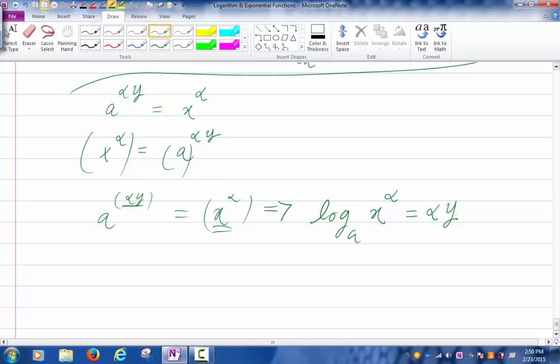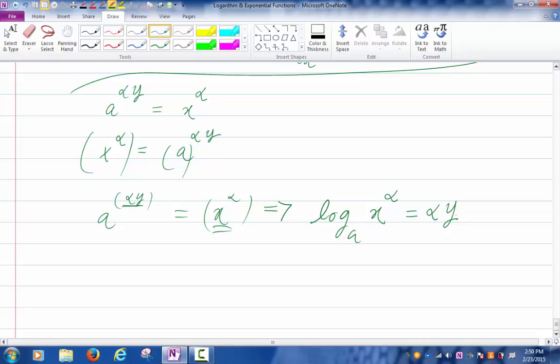What I'm saying is that the exponential is taking alpha y to x to the alpha, right? So the log will do the opposite. The log base a will take x to the alpha back to alpha y. They are inverses.